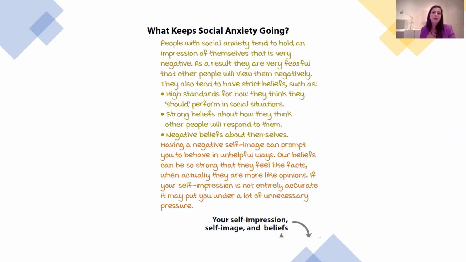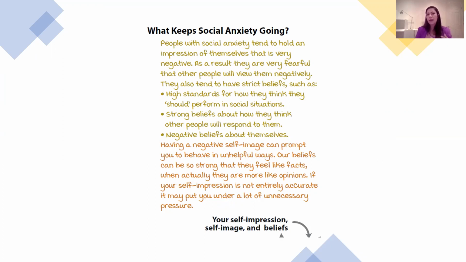So, like we said, people with social anxiety tend to hold an impression of themselves that is very negative. And so as a result, they're very fearful that other people will view them negatively. They also tend to have strict beliefs, such as high standards for how they think they should perform in social situations, strong beliefs about how they think other people will respond to them, and negative beliefs about themselves as well.